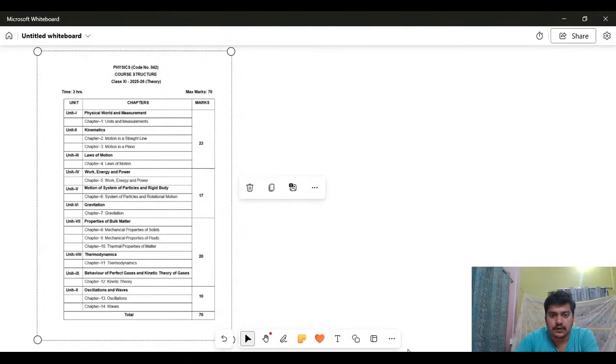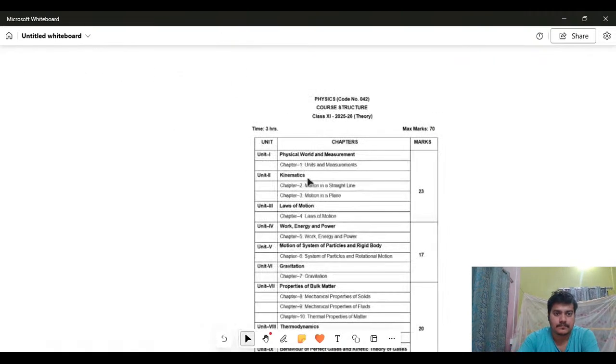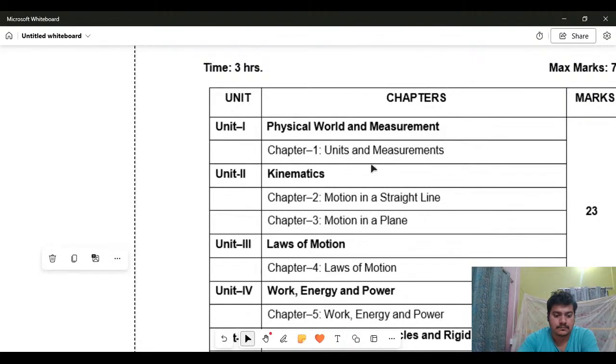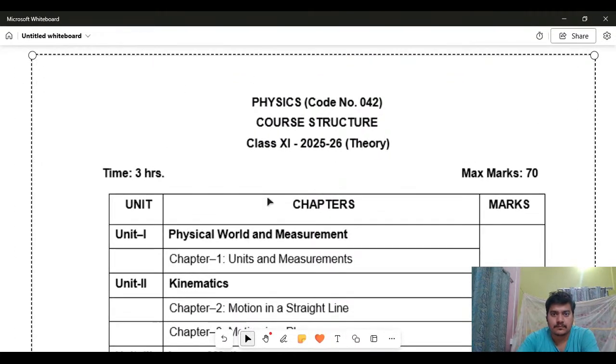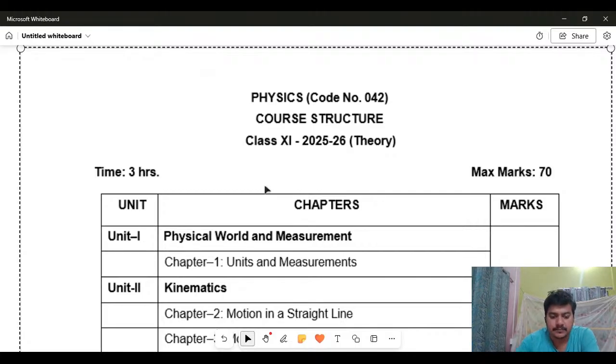I hope now the screen is visible. So basically, here I will discuss the physics class 11 2025 and 2026 syllabus.